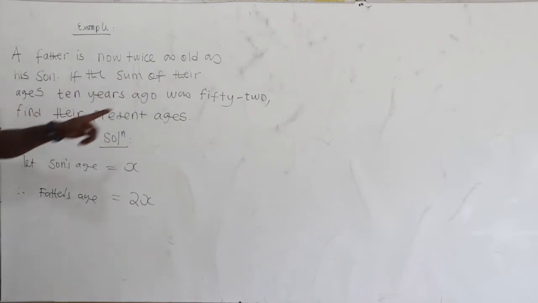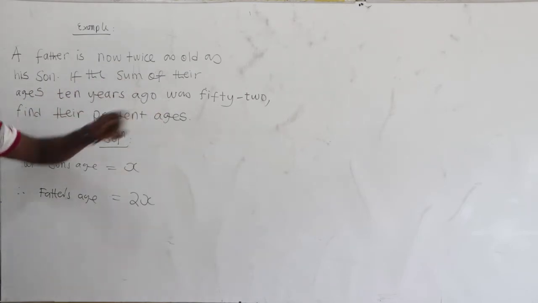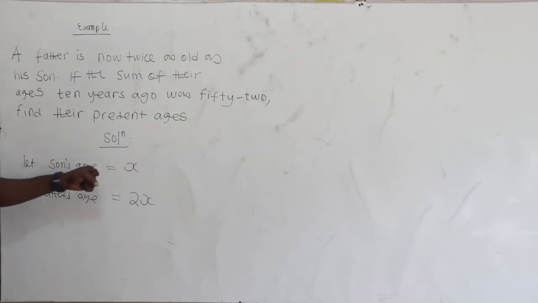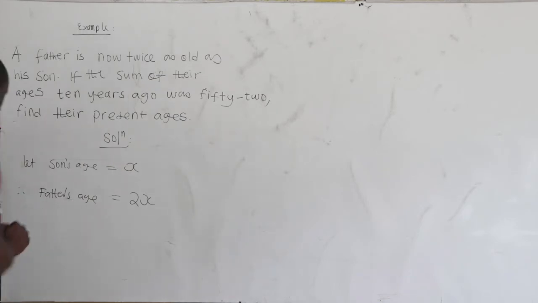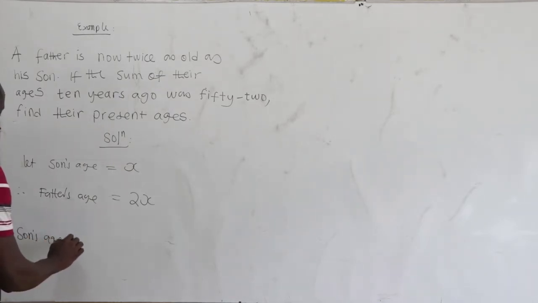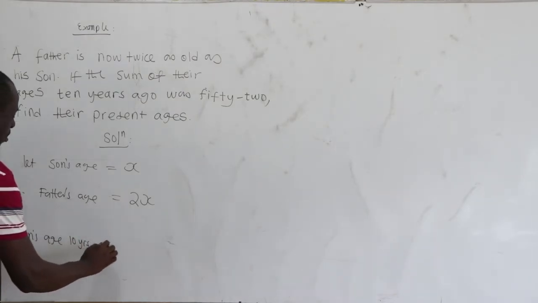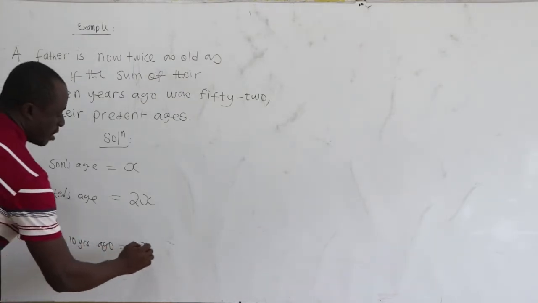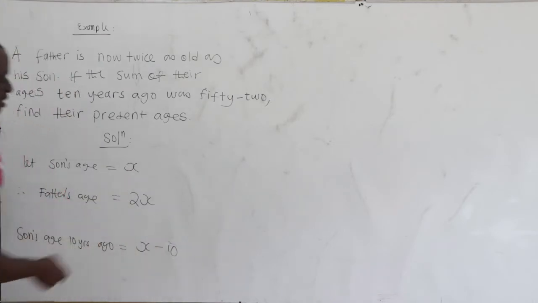Okay, now let's continue. If the sum of their ages 10 years ago was 52, so the sum of their ages 10 years ago. Now the son's age is x. What do you think will be the son's age 10 years ago? Son's age 10 years ago will be x minus 10 because it's x years now.